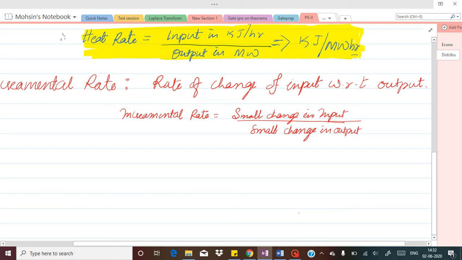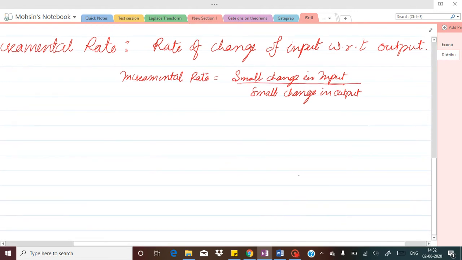Now mathematically, if you try to represent this small change in input to small change in output corresponding to the input output curve that we are considering, let me draw it once again over here. So this is our input output curve.